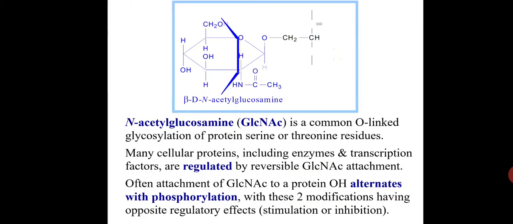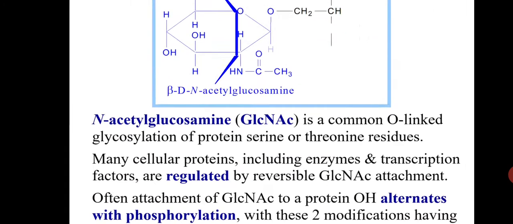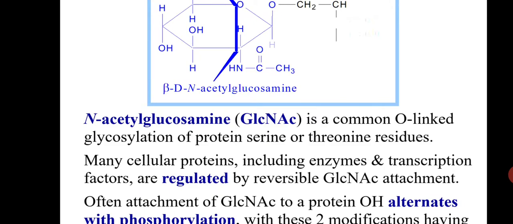Fine. Now, if you remember, N-acetylglucosamine is also a commonly O-linked glycosylation of protein, serine. So you remember this N-acetylglucosamine.